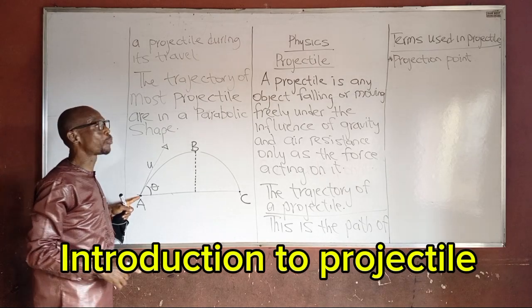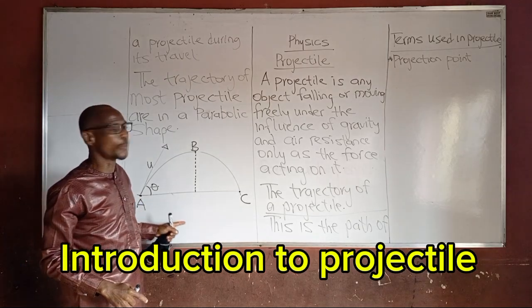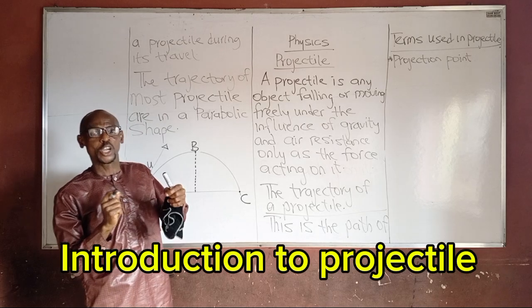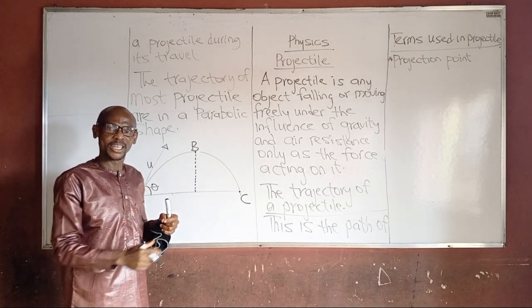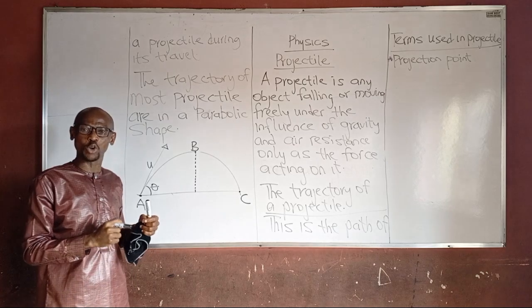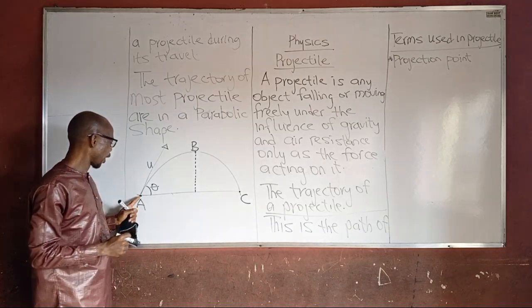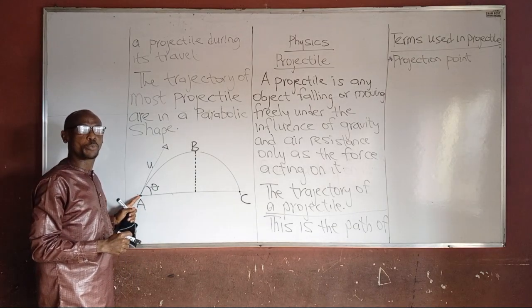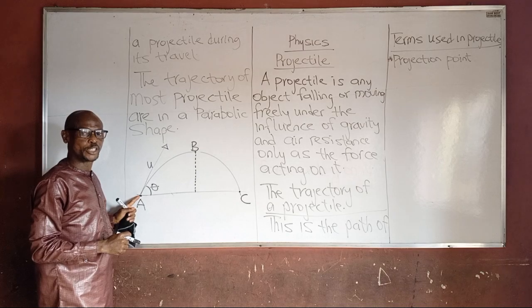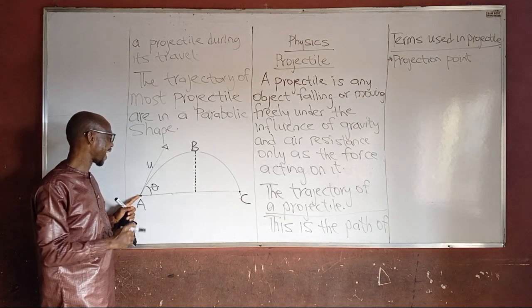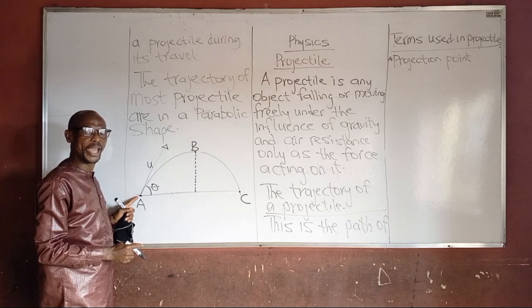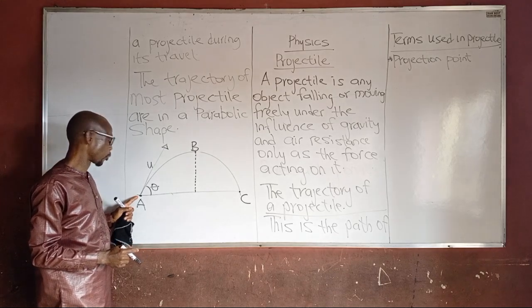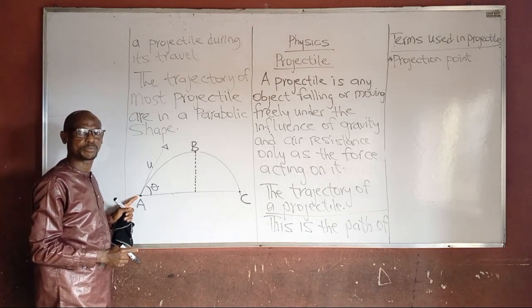What is the projection point? The projection point is the point where the projectile is released into the air or into space. The point at which the projectile is released into space or into air is referred to as the projection point.